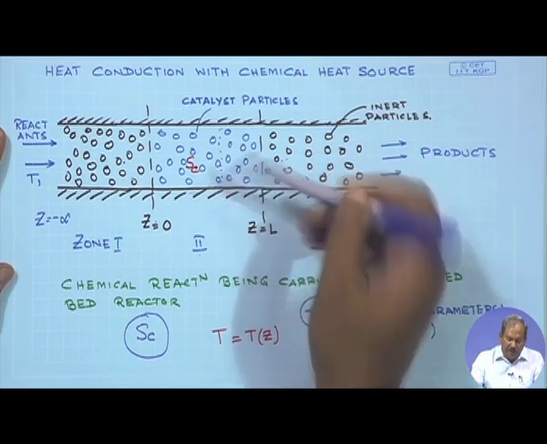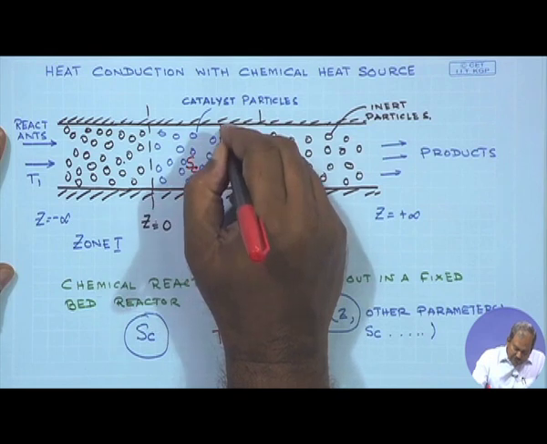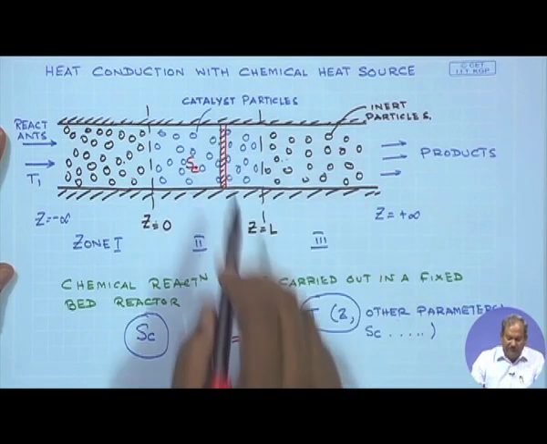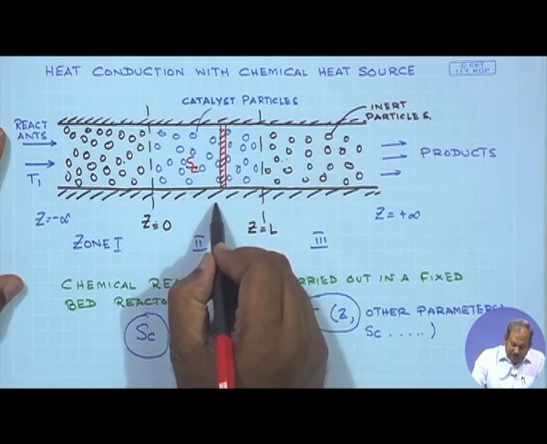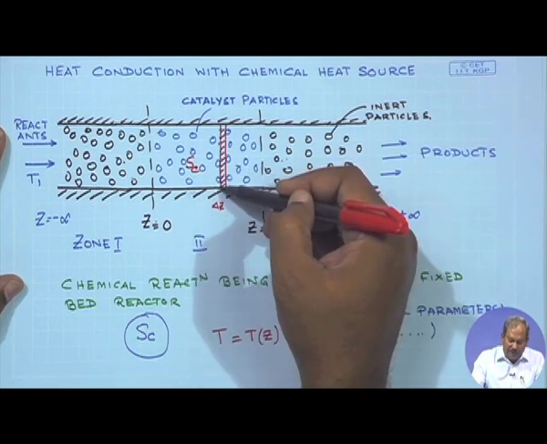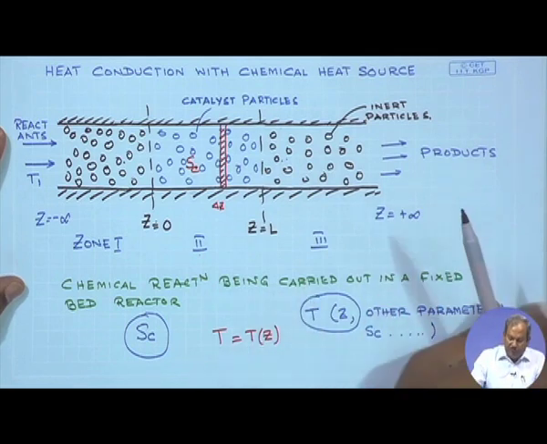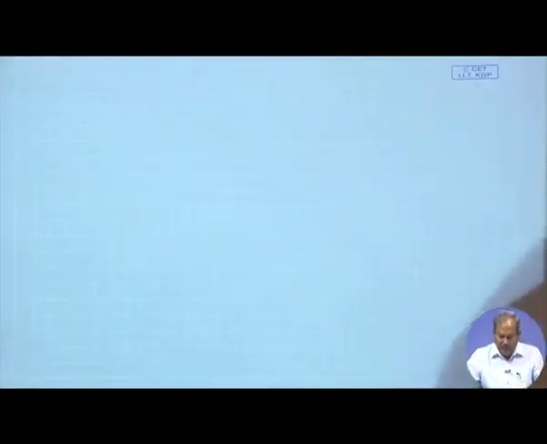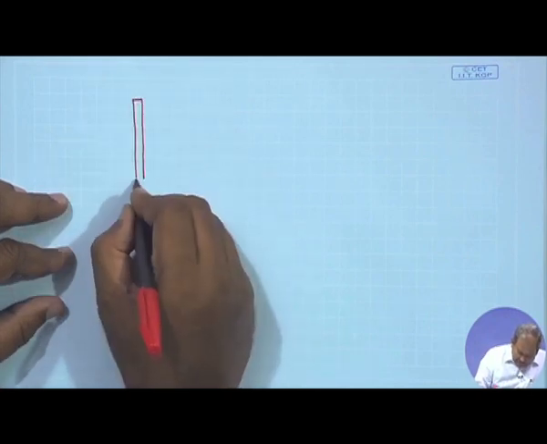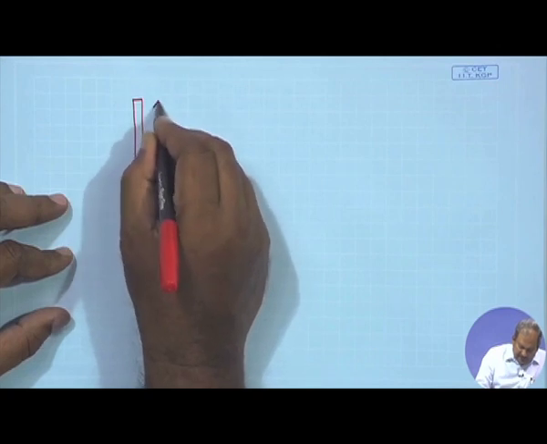Temperature does not change with R, temperature changes only with Z. So, the shell across which we are going to write the conservation equation will have a thickness equal to delta Z. However, it extends all the way up to R. So, if we draw this, it's a cylindrical shell of size delta Z in thickness, and this is R.